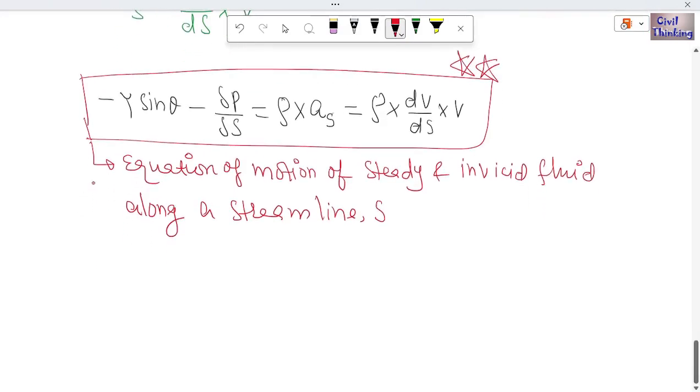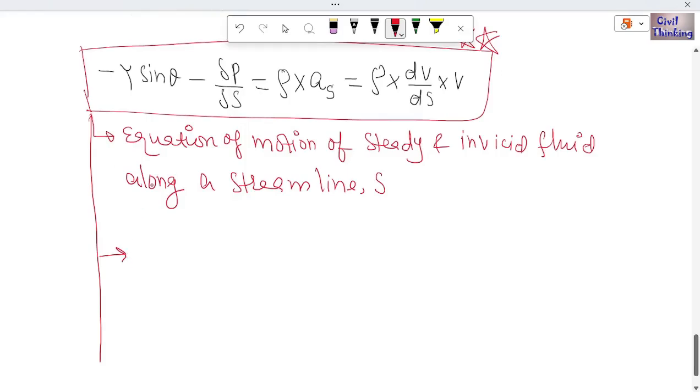Now here are some key insights. We have this term delta P by delta S. Now try to understand what it means. Delta P by delta S is the rate of change of pressure along the streamline, right? We call this the pressure gradient.